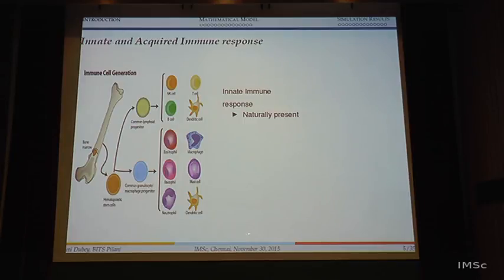The innate immune response is present naturally in the body, and it gets activated when any pathogen invades the body. It has a broadband recognition system, like it can recognize all the microbes in the body at a time.